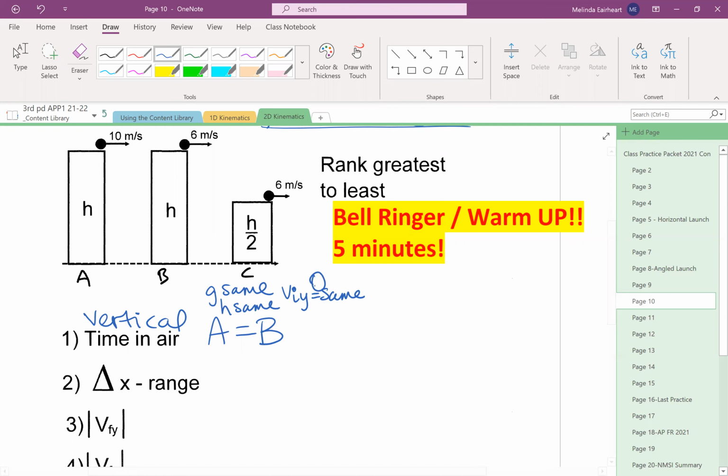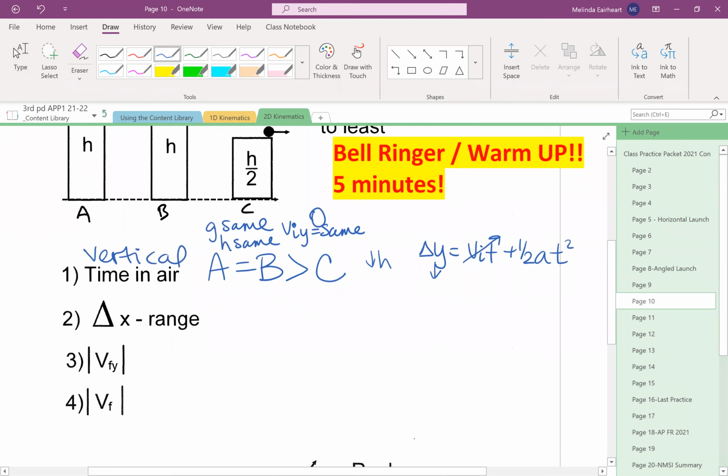And then what about C? Is it the greatest? Is it the least? C is not the greatest. It would be the least. So A and B is greater than C. Why? Well, it has a smaller height. And if we think of the equation that ties all this together, that vertical displacement equals v_iy t, which zeroes out, plus 1/2 a t squared.